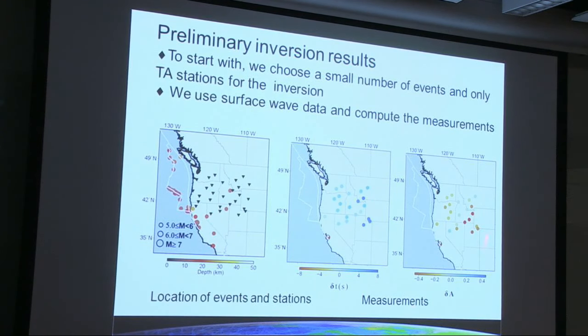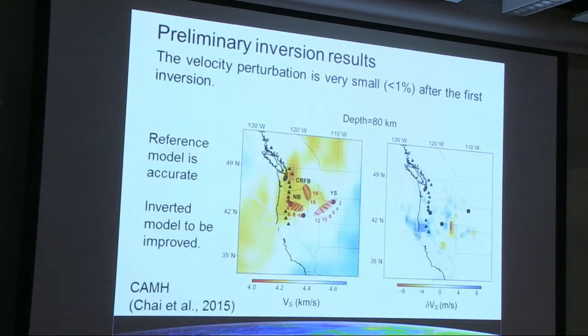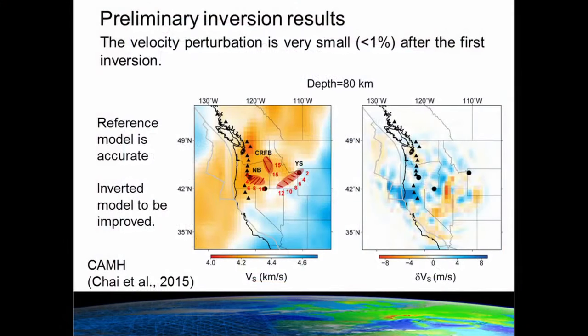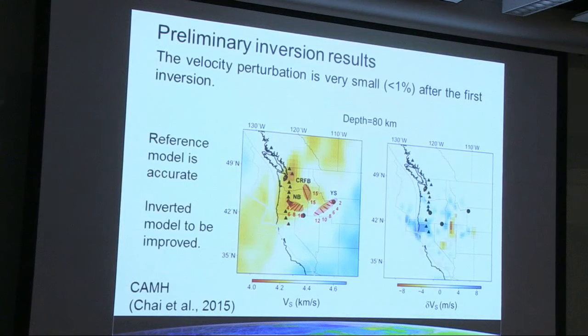This is similar in the amplitude measurements. This indicates the structure near the Newberry hotspot track is better resolved in the reference model. Here we show the reference S-wave velocity and its perturbation at a depth of 80 km for the first iteration. The reference model is taken from this work, where we observe relatively low velocities beneath the back arc regions.